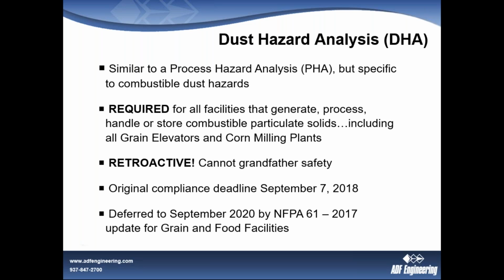So those facilities now have until September of 2020 to have a DHA in place with an implementation plan. That does not mean that you have to have implemented your implementation plan by that time. It means you have to have a plan in place.